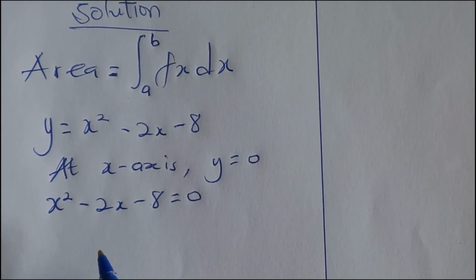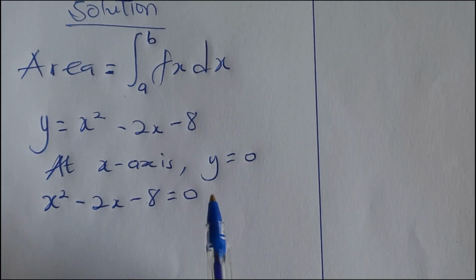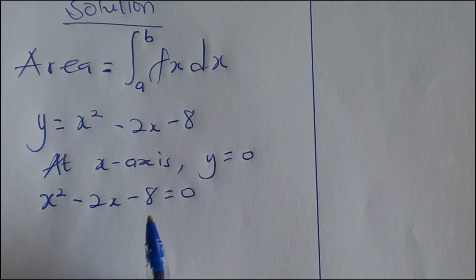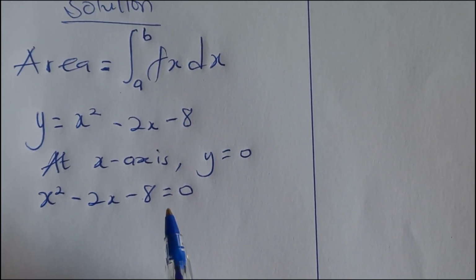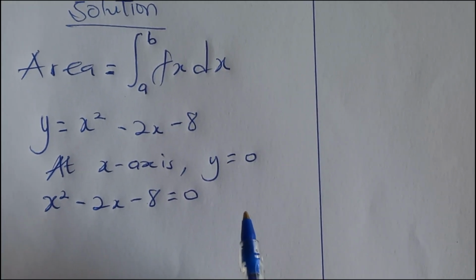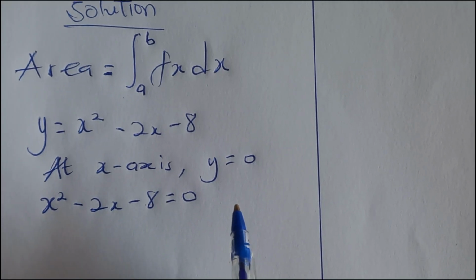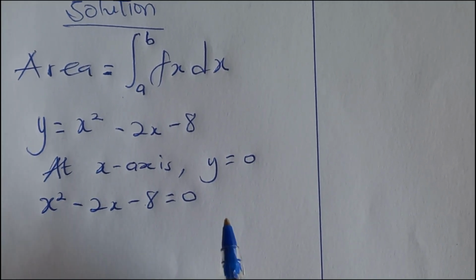These numbers could be negative 2 and positive 4, or negative 4 and positive 2.